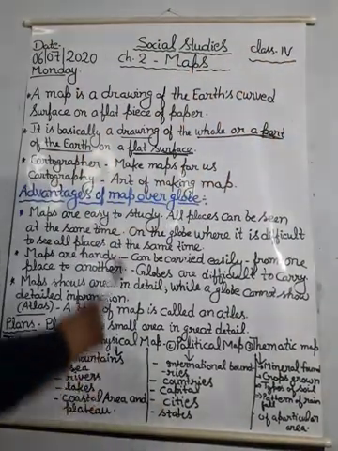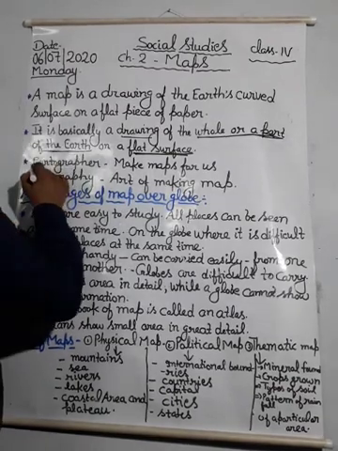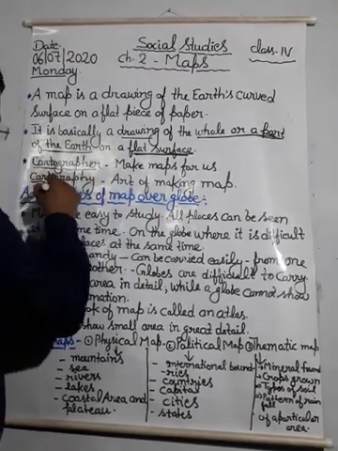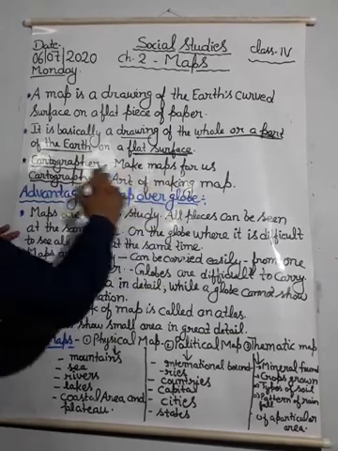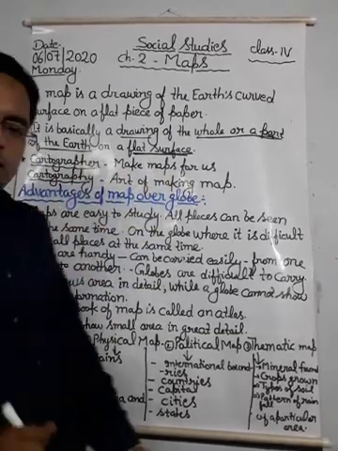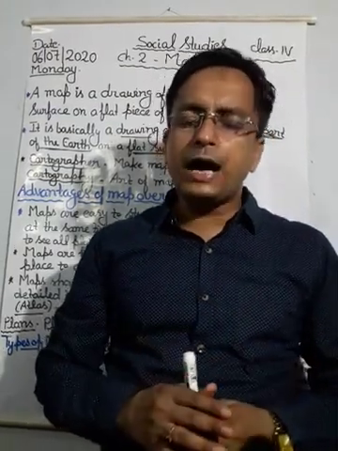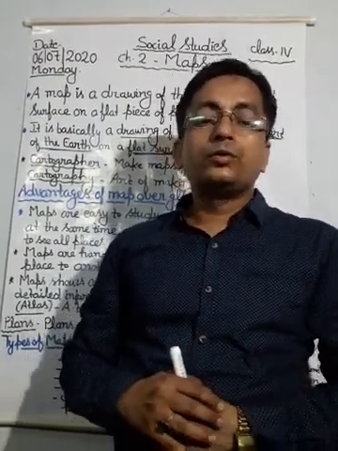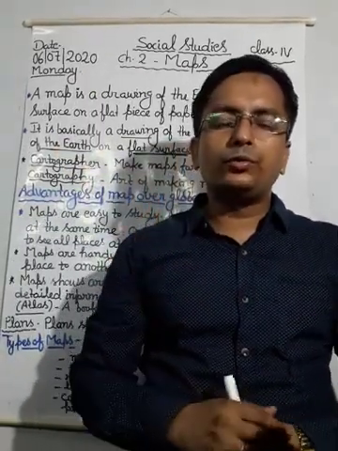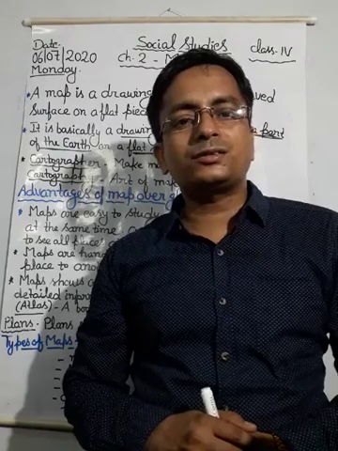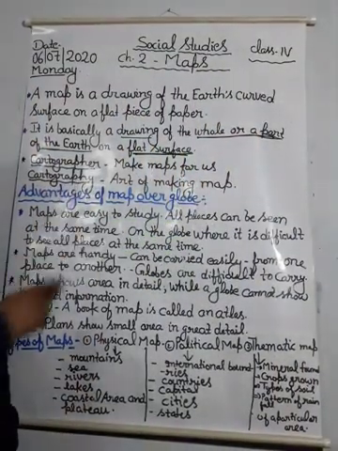There are two other things here. One is the cartographer. A cartographer is a person who makes maps for us. And the other thing is cartography.